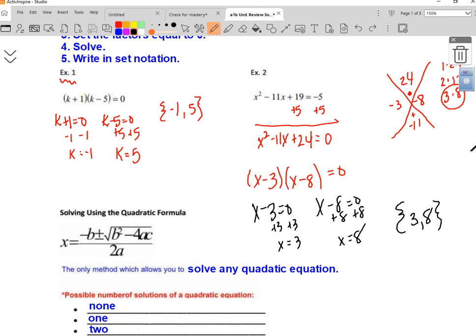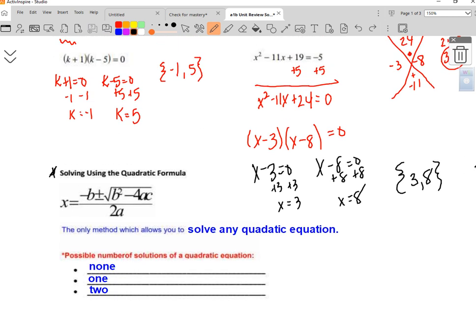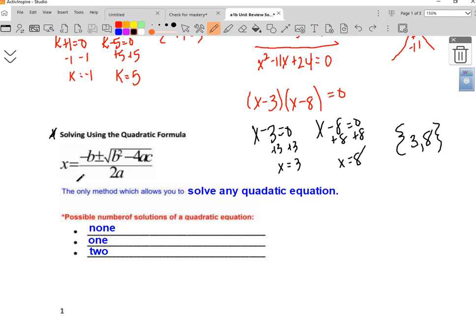All right, so let's look down here. Now we are going to solve using the quadratic formula. This is the quadratic formula, right? So we have to write our equations in the standard form. Remember, we need A, we need B, and we need C, because that's what is in the quadratic formula.